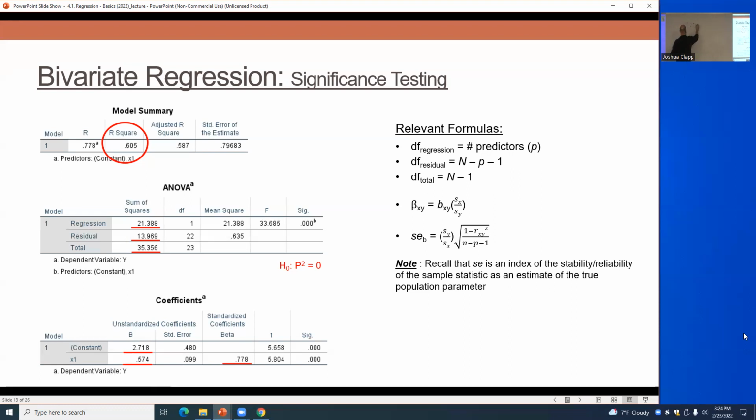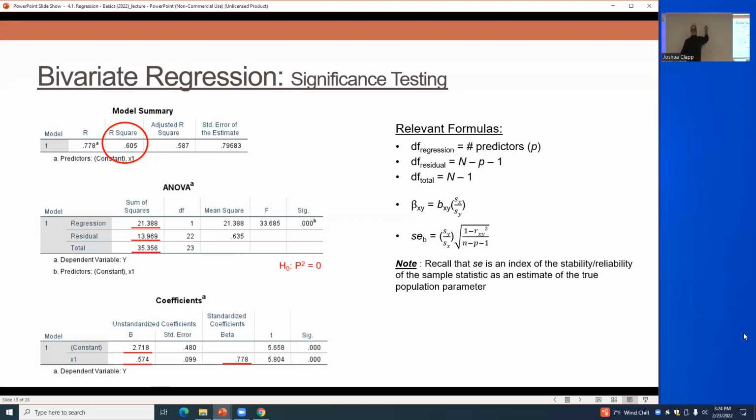And what's my slope coefficient here? 0.574. Yep.